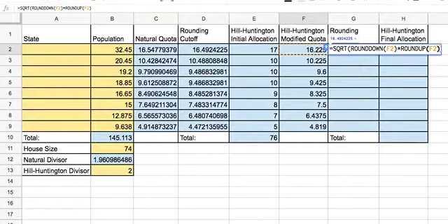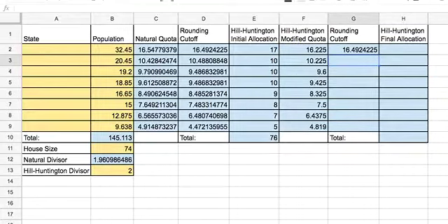Calculate a new rounding cutoff because our numbers can change. And then we'll have the final allocation. So once we have that rounding cutoff, we'll make the same kind of comparison as we did before.